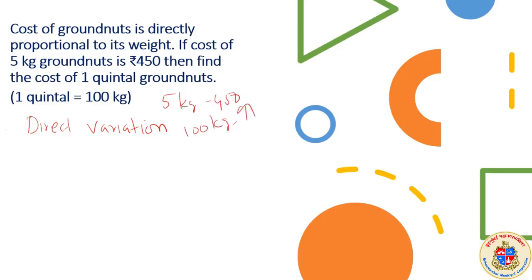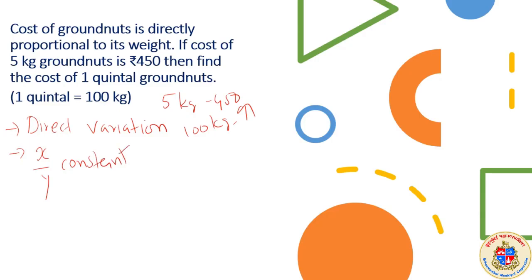We also know that in direct variation, x upon y is a constant.